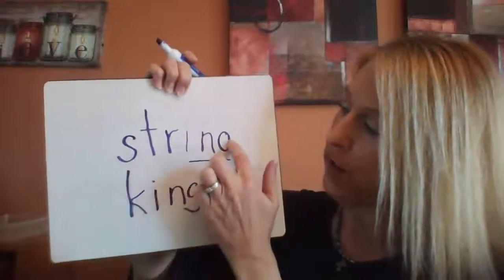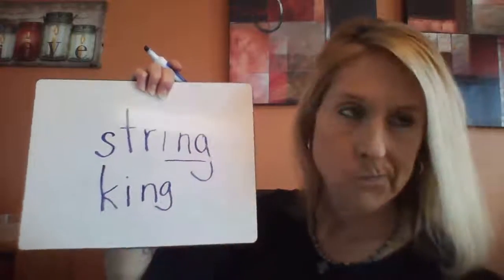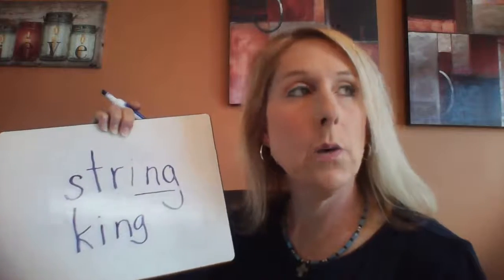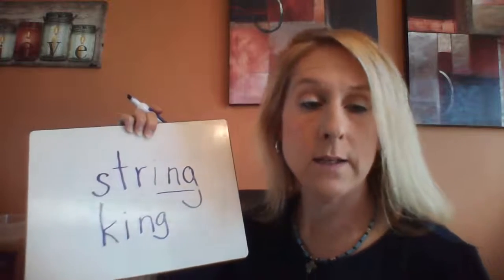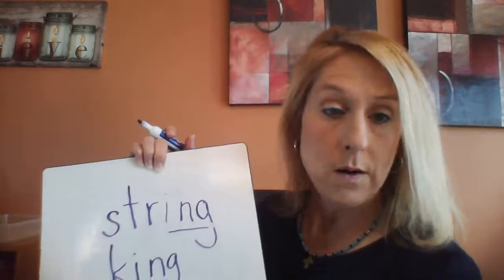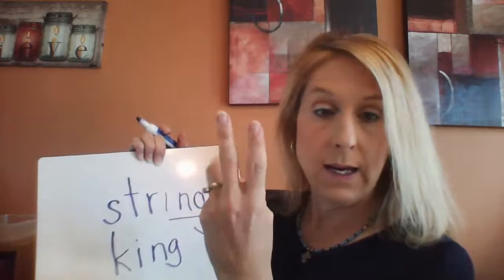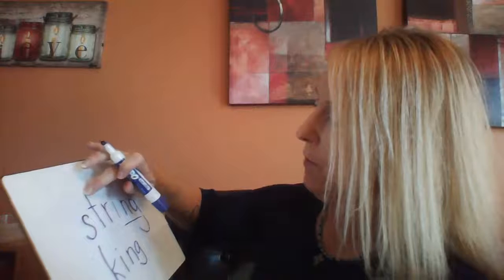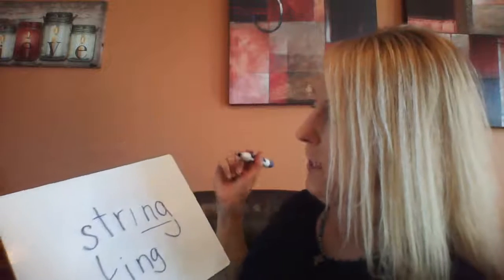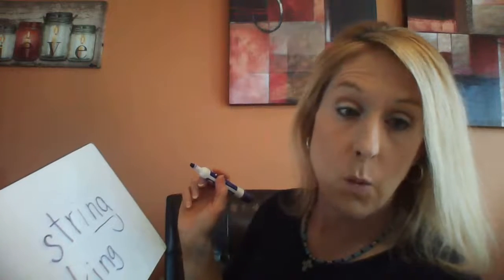So we have string, king. What else could we do? How about wing? A bird has a wing. I'm going to make a little bit of room here. So what's going to be that beginning sound? W. W, I, ng.